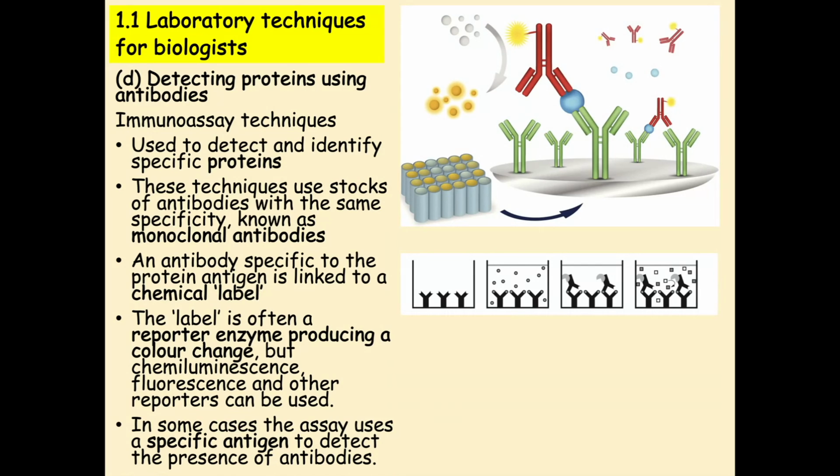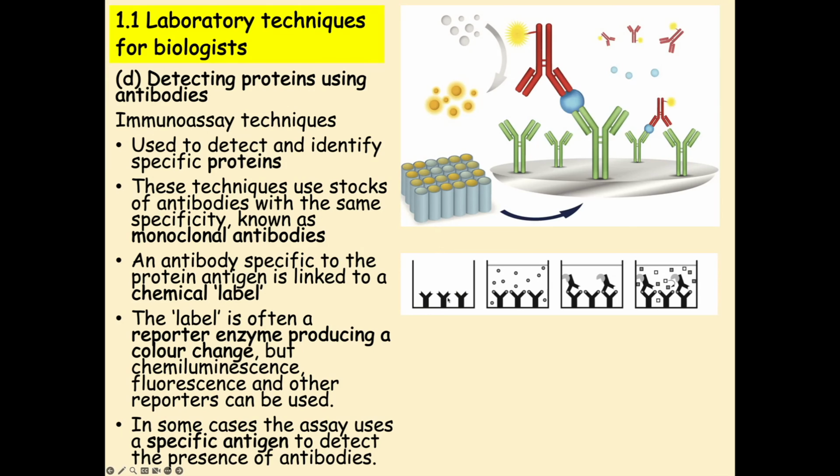But as well as producing a color change, sometimes we can use chemiluminescence, fluorescence, or other types of reporters within these assays. And it says there at the bottom, in some cases, the assays use a specific antigen to detect the presence of antibodies. So basically like a reverse process.